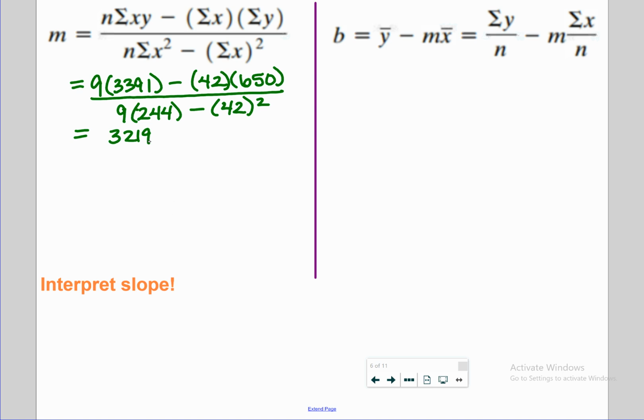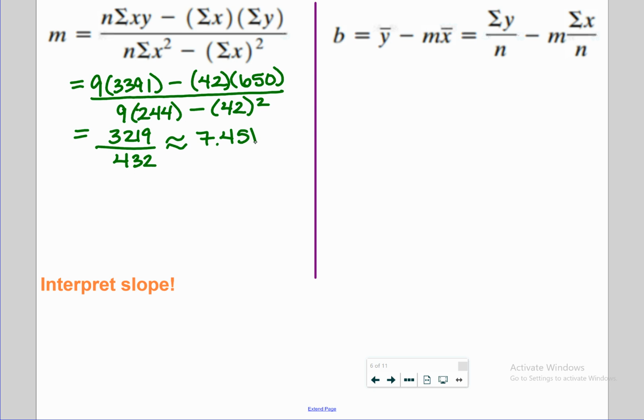Denominator, 432, and then we'll divide, and we'll get to 3 decimal places, 7.451. So that 3,219 over 432, that's the exact slope.